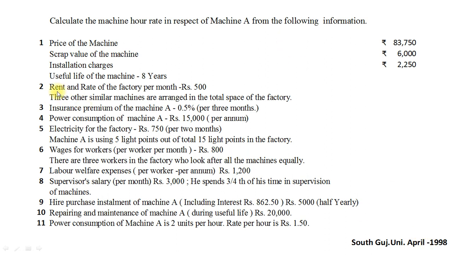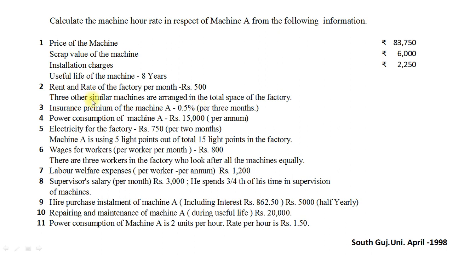Now the second point, rent and rates of the factory per month rupees 500. So per annum it would be rupees 6,000, that is rupees 500 multiplied by 12. Three other similar machines are arranged in the total space of the factory.